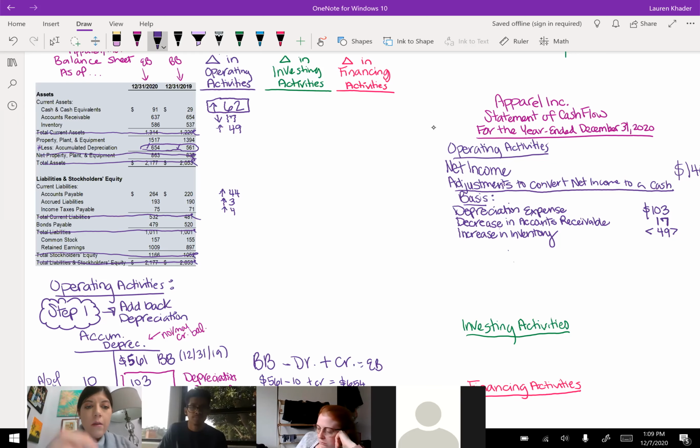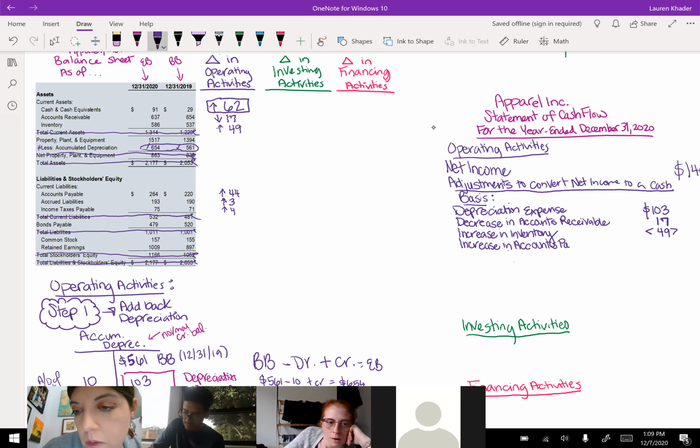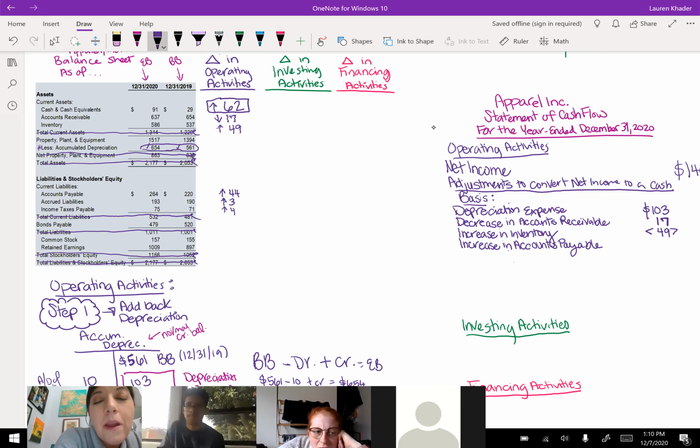For accounts payable increase. So increase in accounts payable. That's a decrease in cash, right? So if accounts payable increased, it means that you paid less than you actually incurred in expenses because your liability increased.